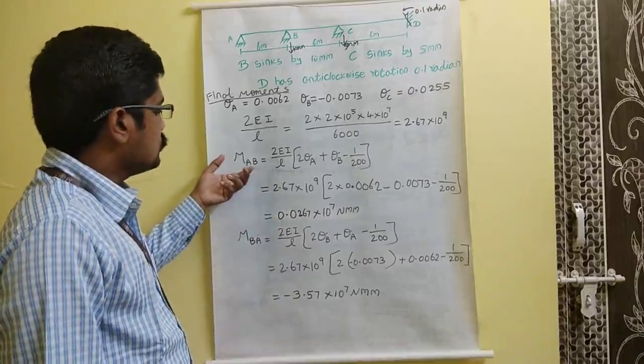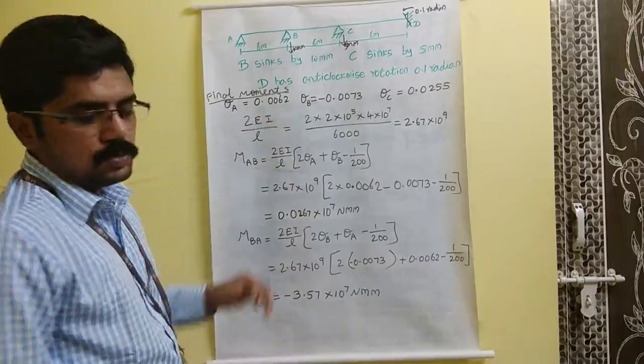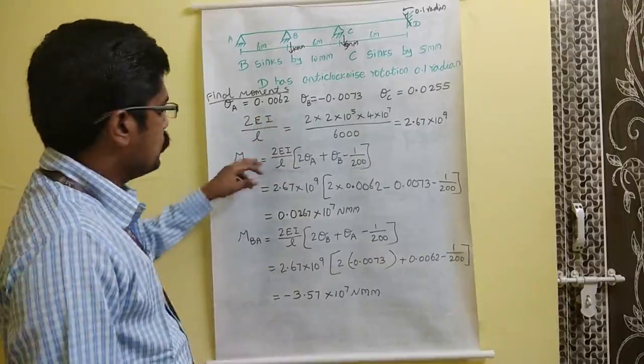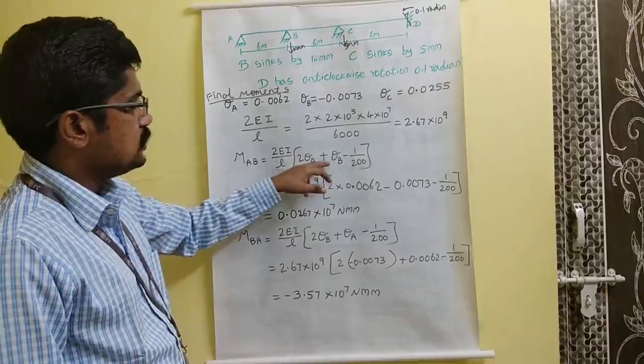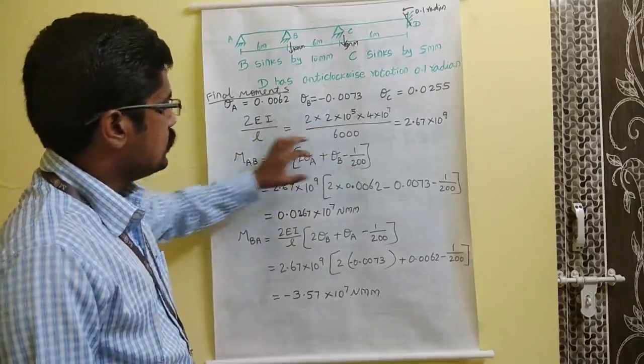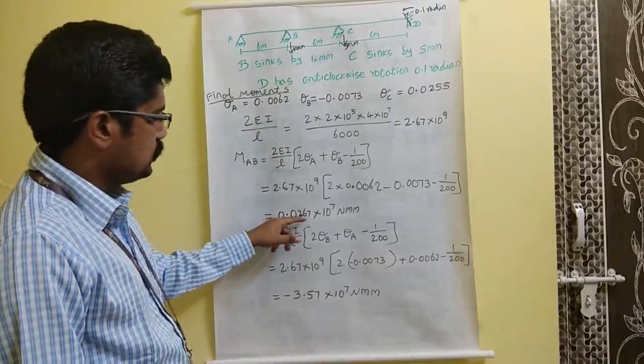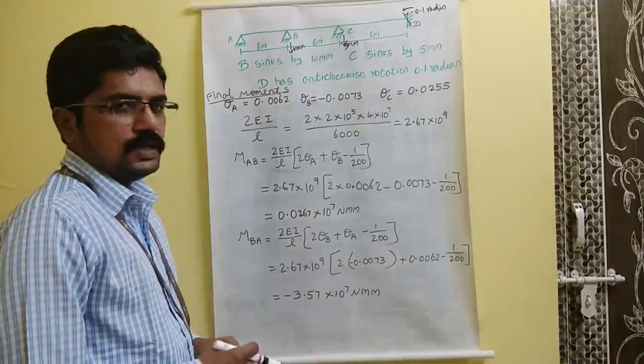First I have substituted it for MAB. The slope deflection equation which we have found is 2EI by L (2 theta A plus theta B minus 1 by 200). By substituting the values of theta A and theta B in this equation, I am getting 0.0267 into 10 power 7 Newton mm.